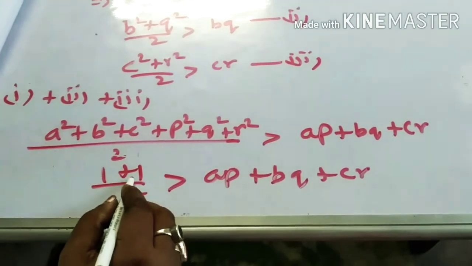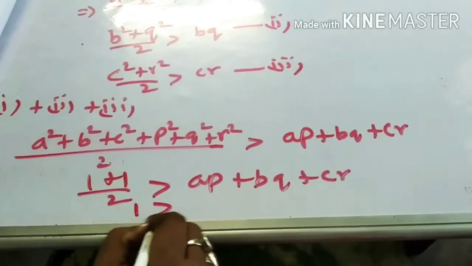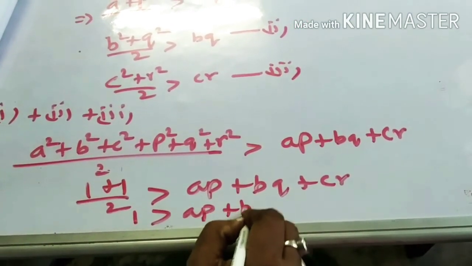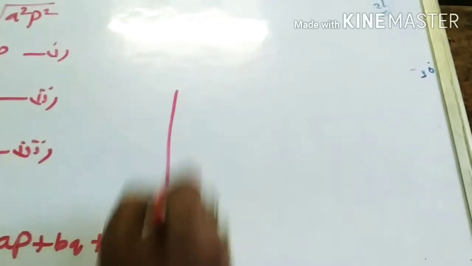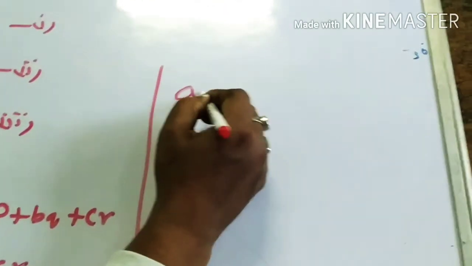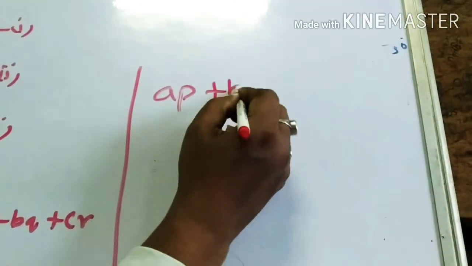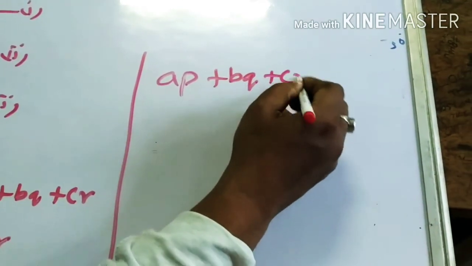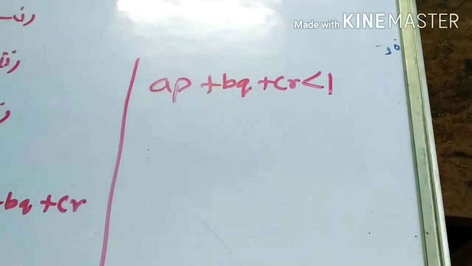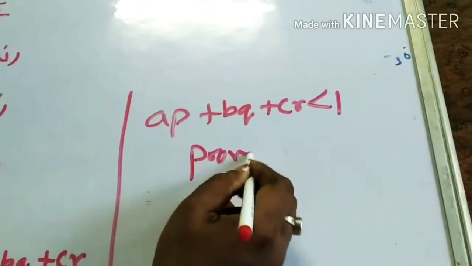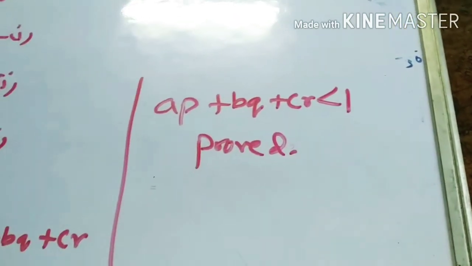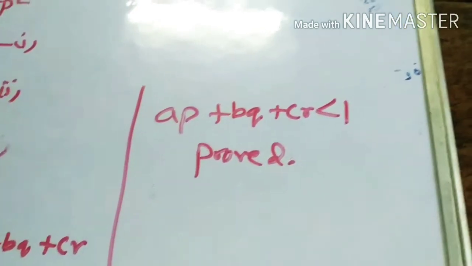Or I can write it like this: AP plus BQ plus CR less than 1. So see, this has been proved. Now I am going to question number 4.